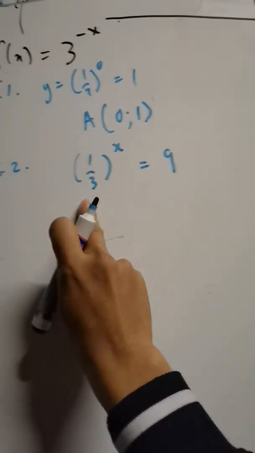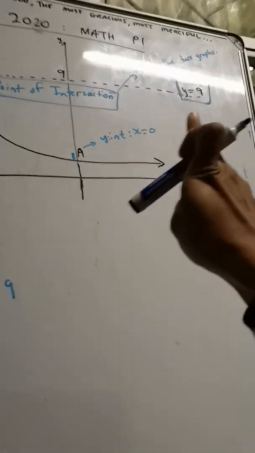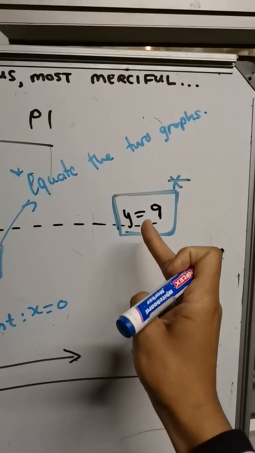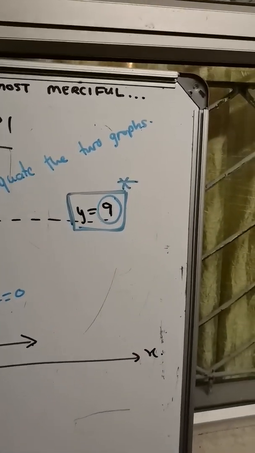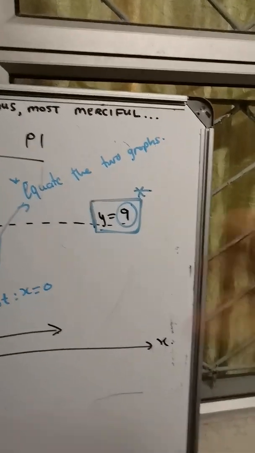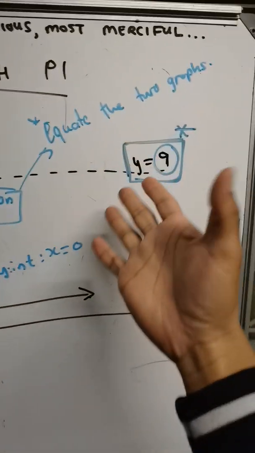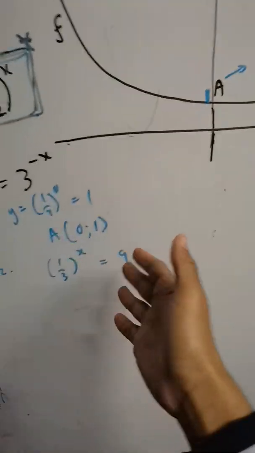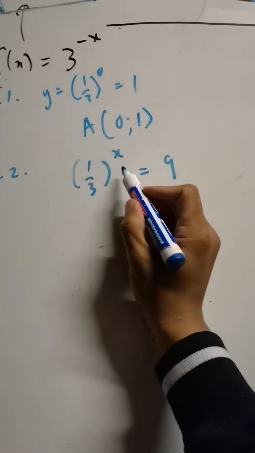So you're taking the exponential graph and equating it to that special straight line graph, which is y equal to 9. If that graph would have been y is equal to 2x plus 5, then you would put 2x plus 5 over there. But in this case, it's y is equal to 9, so we just put 9 over there. So we equate the two graphs together and we solve for x.